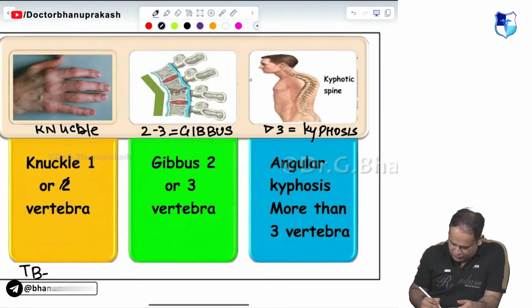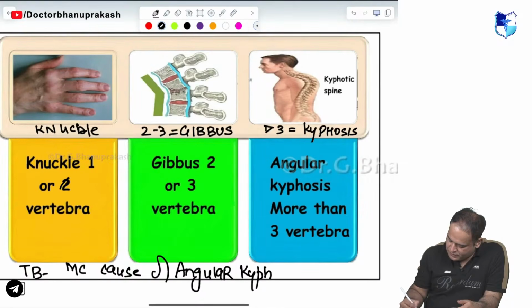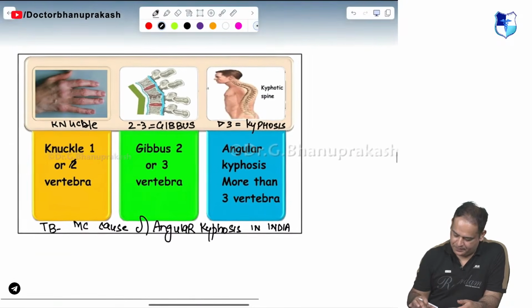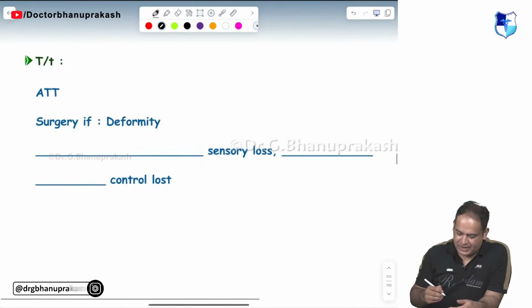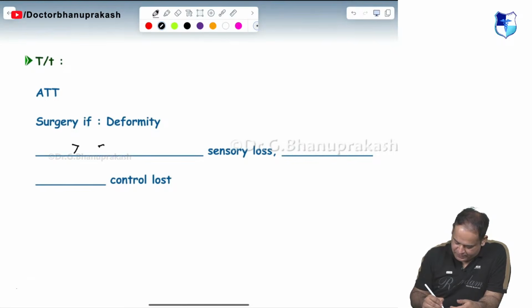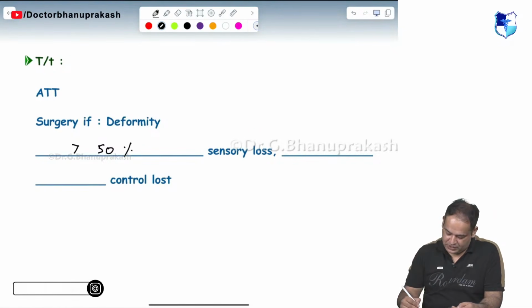In fact, tuberculosis is the most common cause of angular kyphosis in India. Right? Treatment ATT, anti-tubercle therapy, surgery if there is more than 50% sensory loss, surgery if there is deformity.